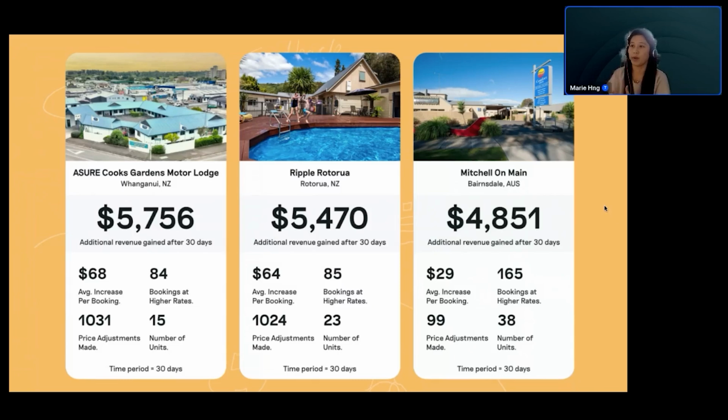Okay, so if you're worried about pricing yourself too high and throwing guests off from booking, this is just a reassurance that you don't have to worry about that, because this is not about increasing your rates by $100 a night. It totally is not that. It's just making very minor adjustments to improve your revenue. Okay. The other thing I like to point out as well is the number of adjustments that are made.